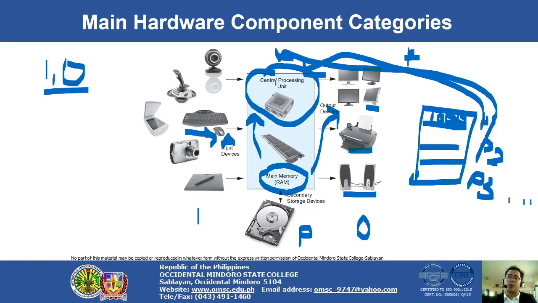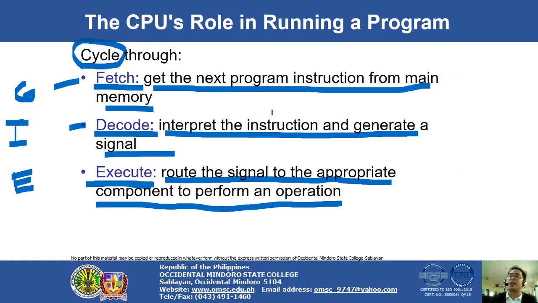After ma-interpret, we're gonna execute that, and ibabato natin sa appropriate component of our computer, and that is our monitor. Pwede naman natin ilagay kung yung A ay pinrint mo, so that is a process, printing: fetch, decode, execute, print. After ma-print, babalik ulit siya saan? Babalik siya doon sa ating fetching.